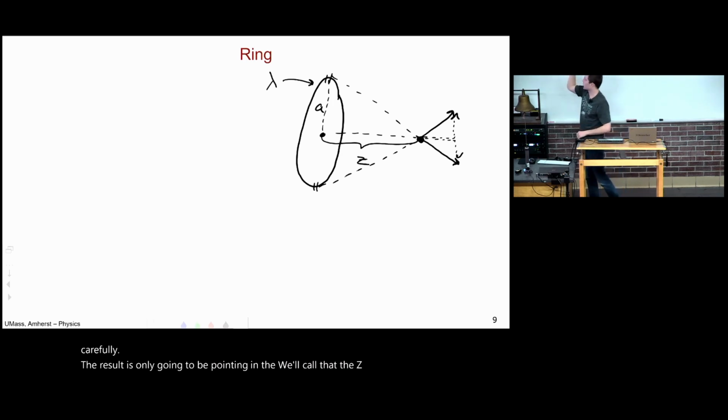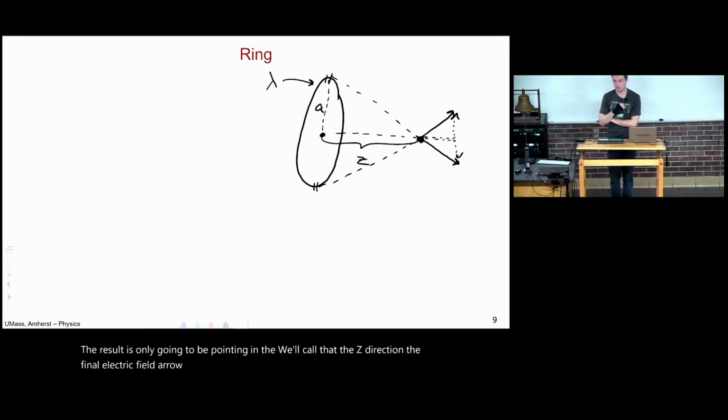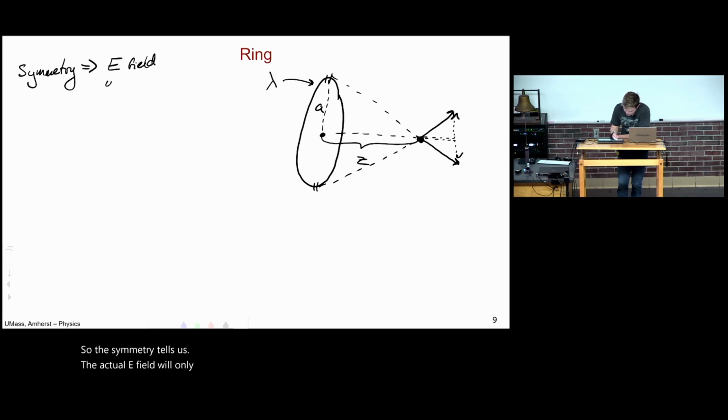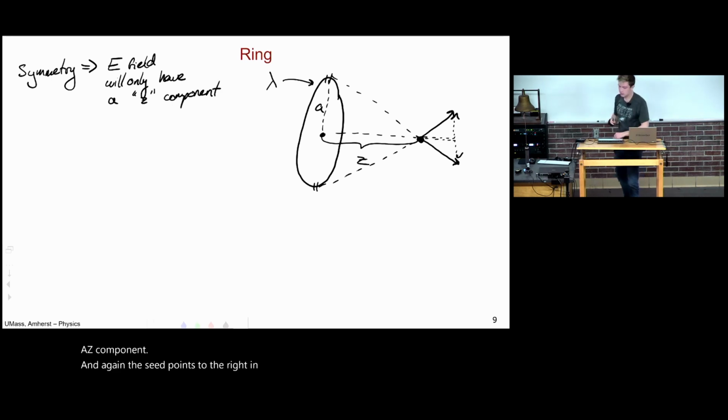The final electric field arrow will only have a rightwards component. We got that just by drawing the arrows and investigating what we think the picture will look like. So the symmetry tells us the actual E field will only have a z component, and z points to the right in this problem.